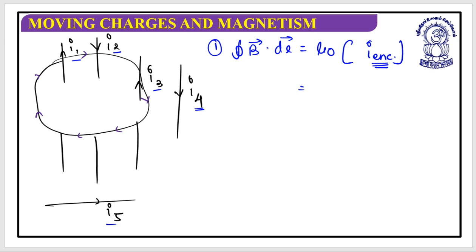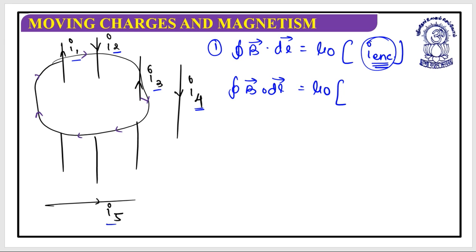So when I write I enclosed, it's a line integral of B dot dl, that should be equal to mu naught times of, look at this, the loop is moving in the clockwise direction. So curl your right hand fingers in the clockwise direction. You will find that your thumb will be inside the plane of the paper.